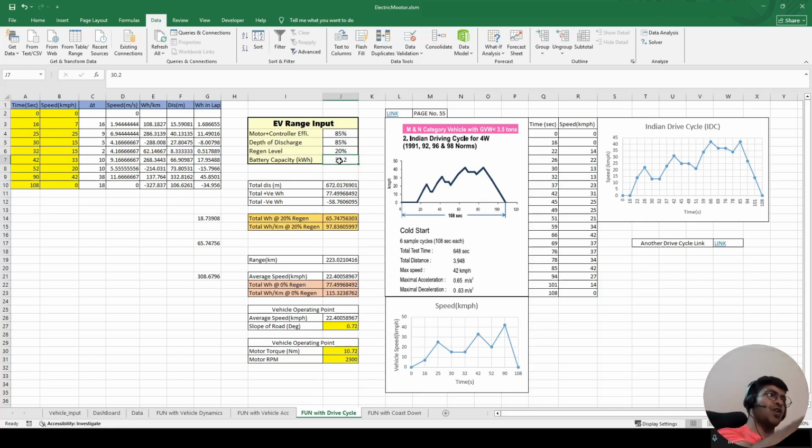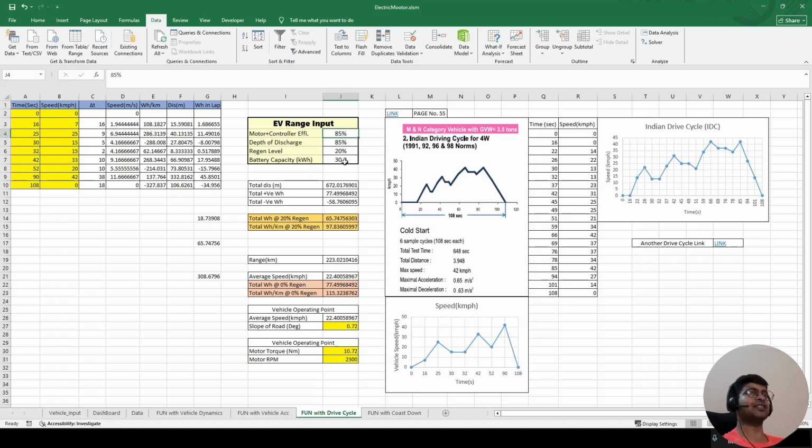You cannot extract 30.2 kilowatt hour from the battery. Only a certain percentage of the energy can be extracted, and that we define as depth of discharge. So only 85% of the energy, in this case, you are going to extract from the battery, and that's what I have defined here, the depth of discharge. Separately I have defined motor plus control efficiency, which is 85%.